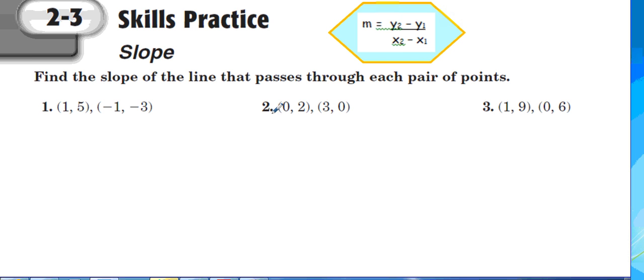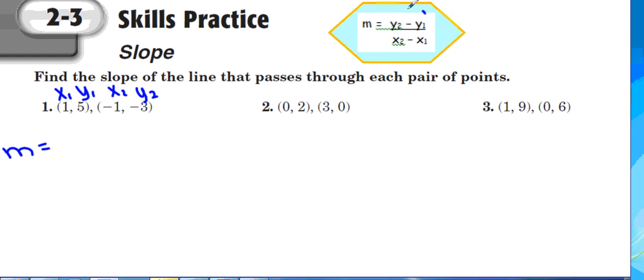On your 2-3 skills practice, we're going to start with the first example. I'm going to take the ordered pairs that they've given me and label those ordered pairs. My first ordered pair, we're going to call x1 and y1, and my second ordered pair I'll call x2 and y2.